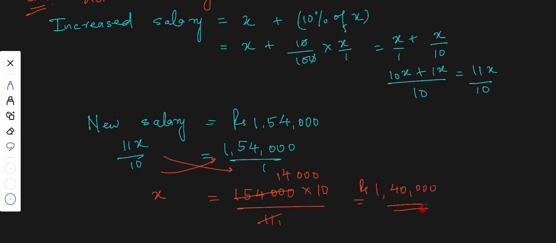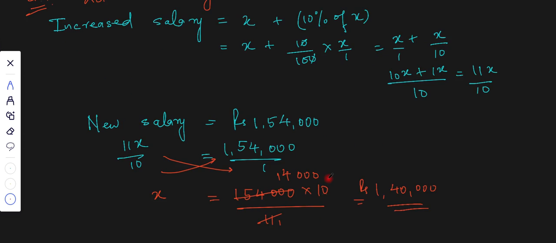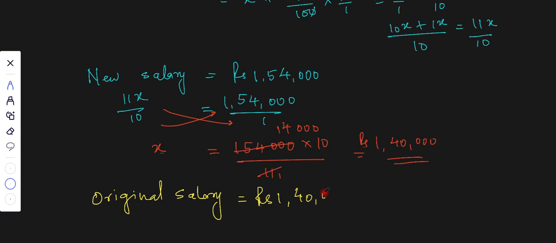The question is to find his original salary, so you can write: original salary of that person is rupees 1,40,000. This is your answer.